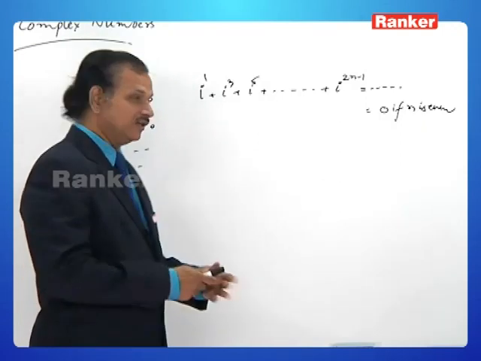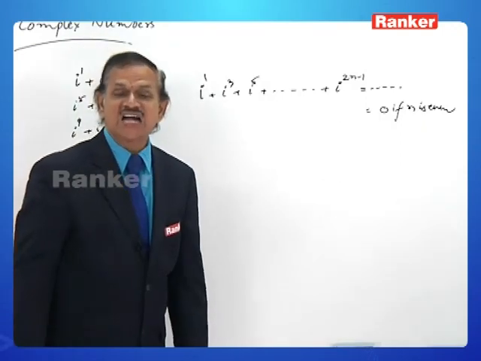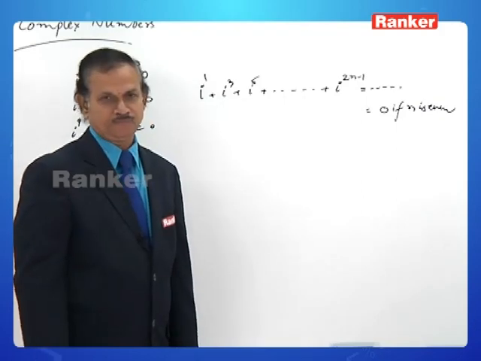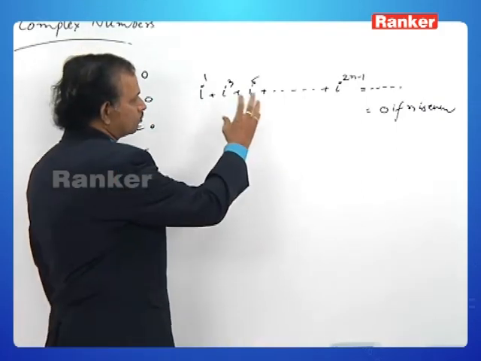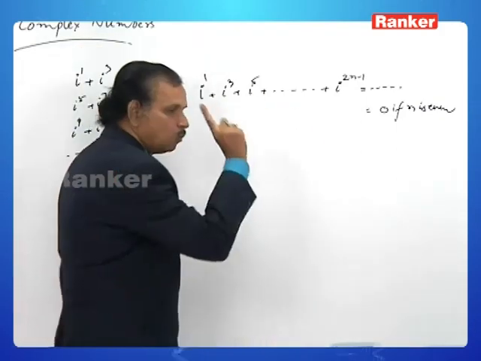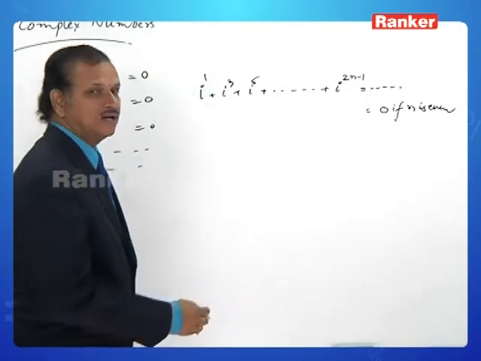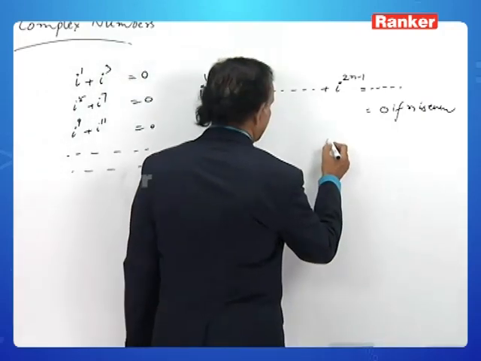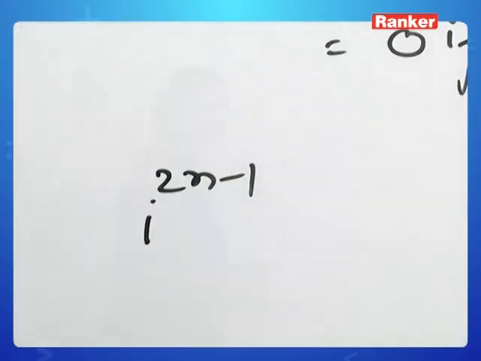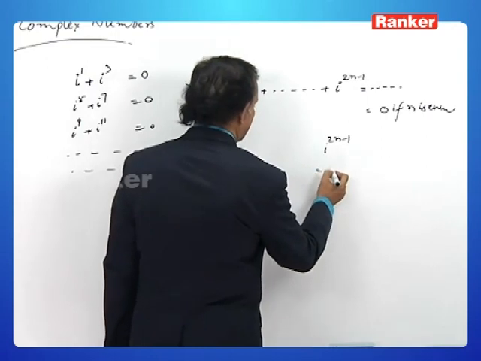Well, what happens when n is odd? It means in this sum there are an odd number of terms. If you pick out 2 terms, 2 terms, 2 terms like that, one term will be left behind at the end. What is that term? i power 2n minus 1. What is i power 2n minus 1?